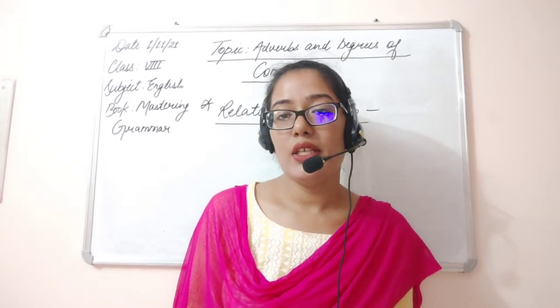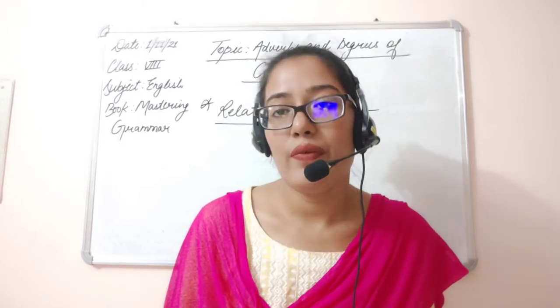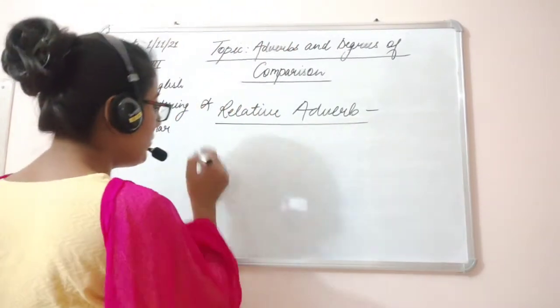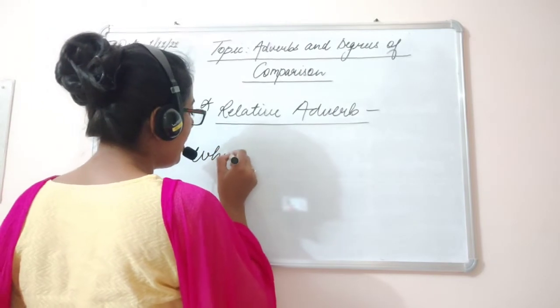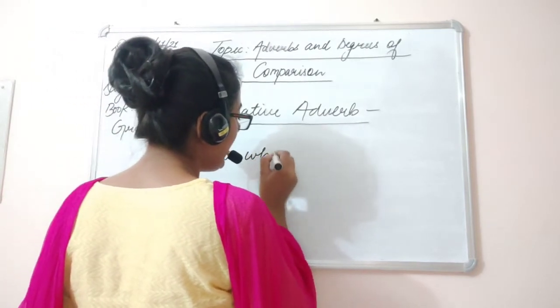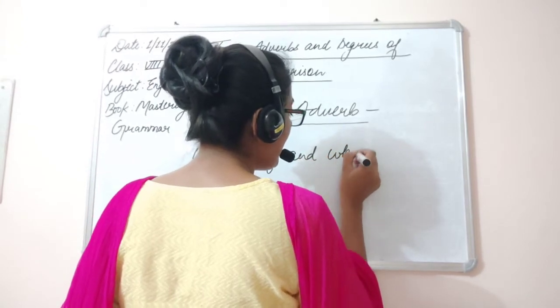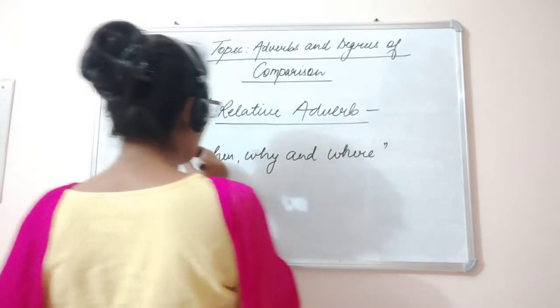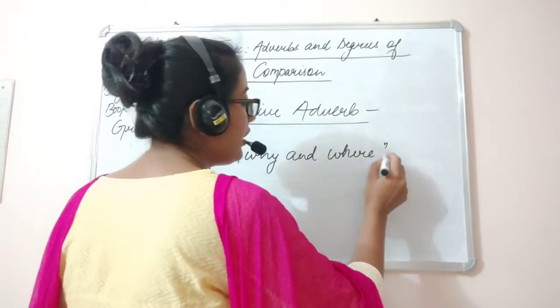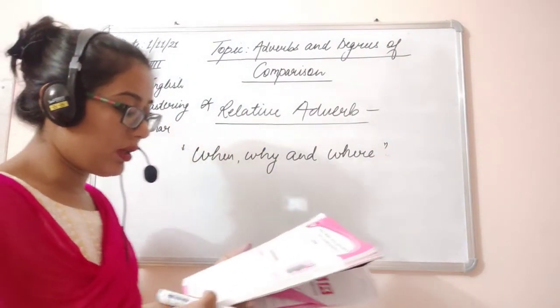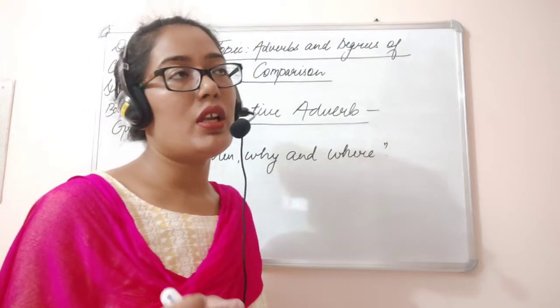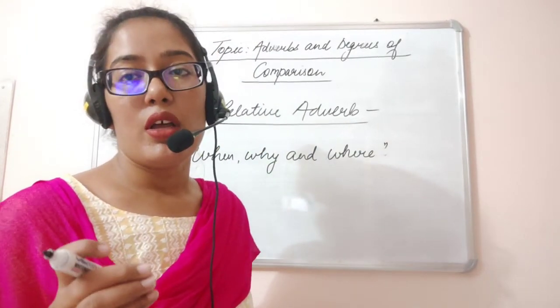Okay, in a sentence, whenever you see when, why, and where, that means it is a relative adverb. And what is the relative adverb? They tell us about a thing or a person that the pronouns refer to.